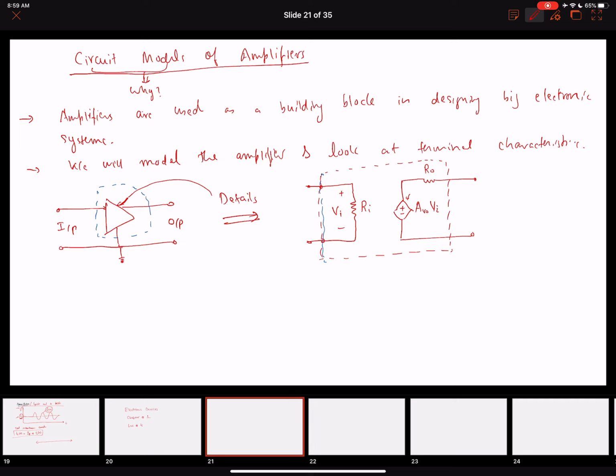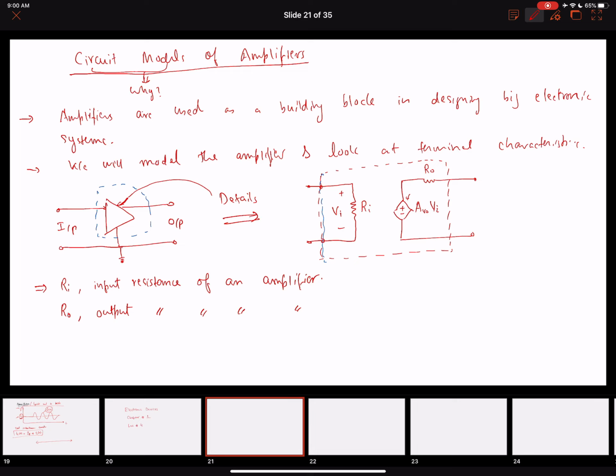Okay, so Ri is the input resistance of an amplifier. R0 is the output resistance of an amplifier.